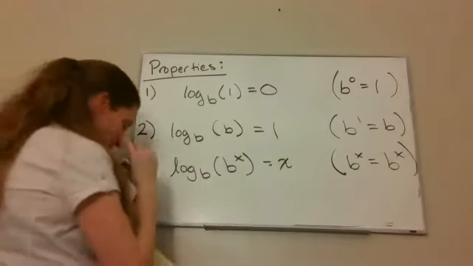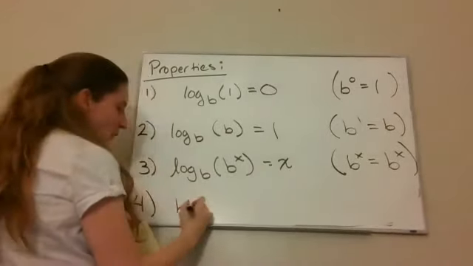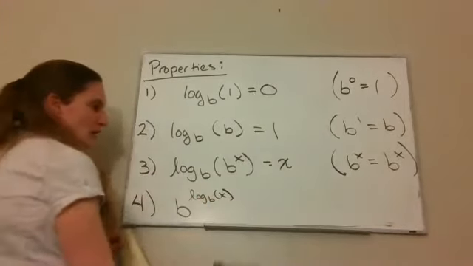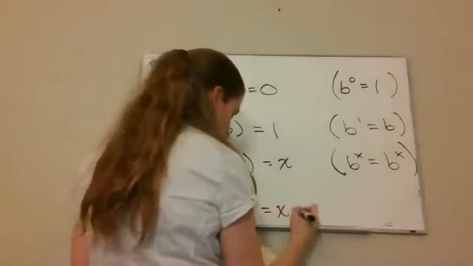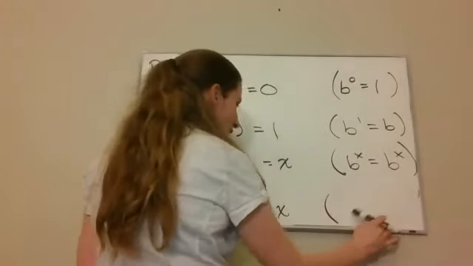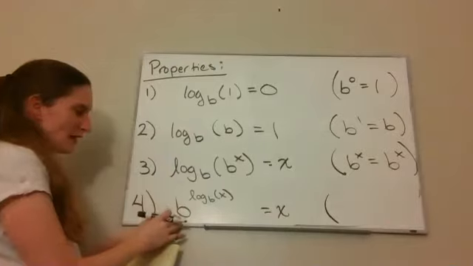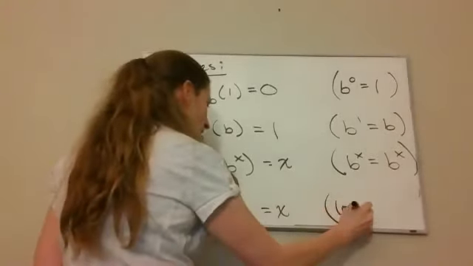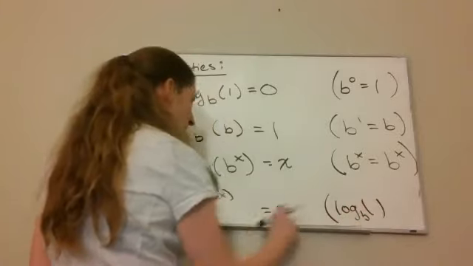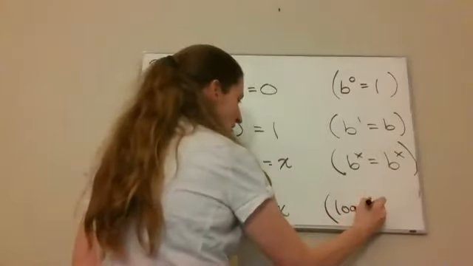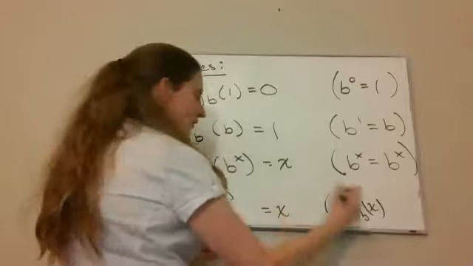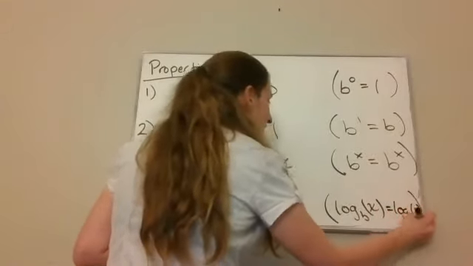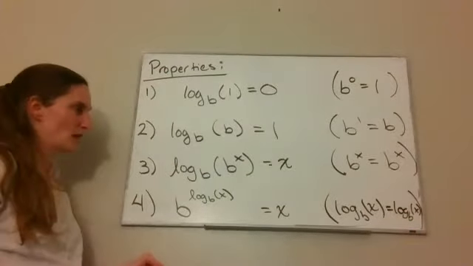And my last property for now is b to the log base b of x power is also equal to x. This one's a little harder to see. If I rewrite this in logarithmic form, I would have log base b of the other side of the equation is equal to the exponent. And that is a true statement.